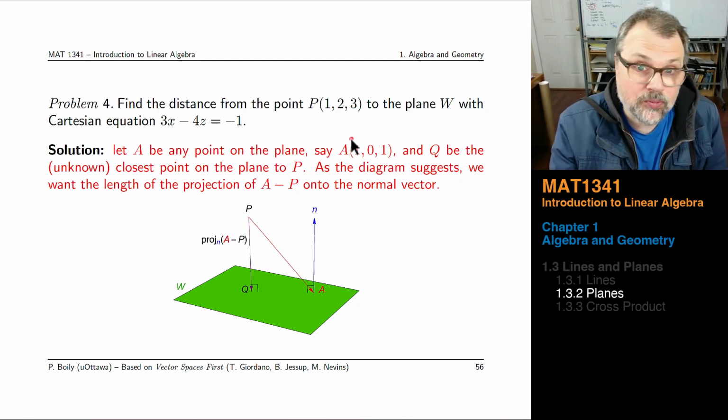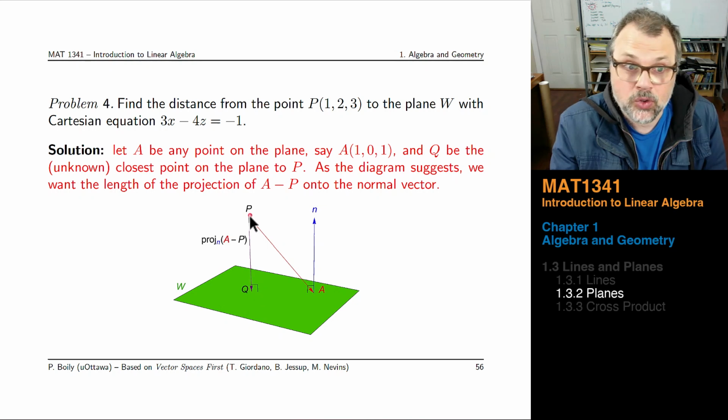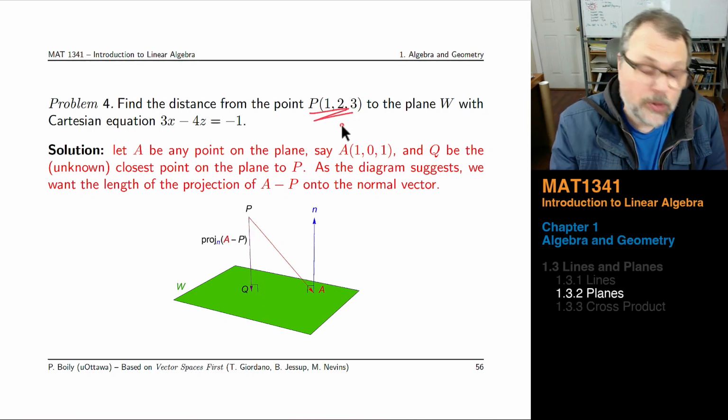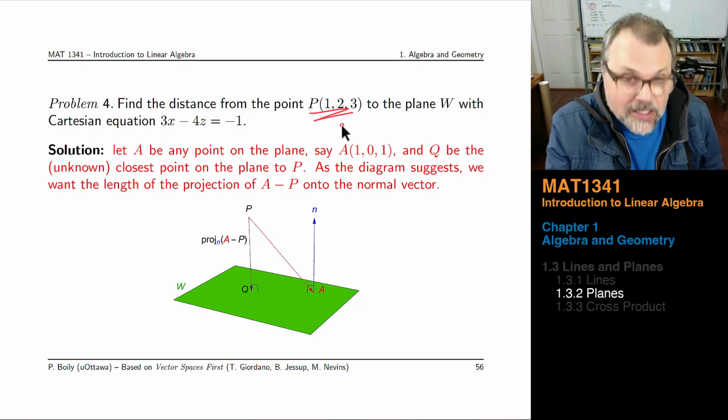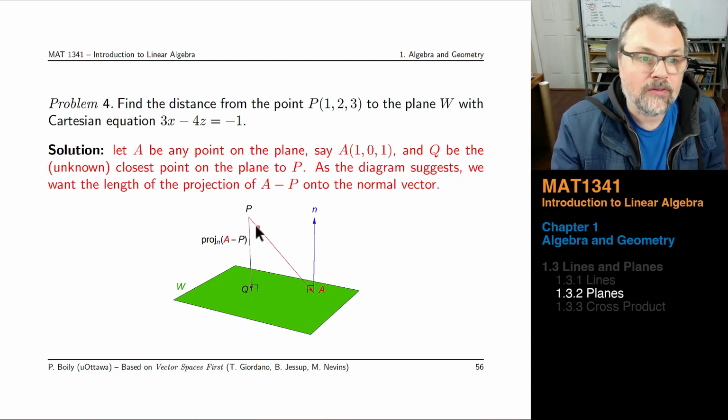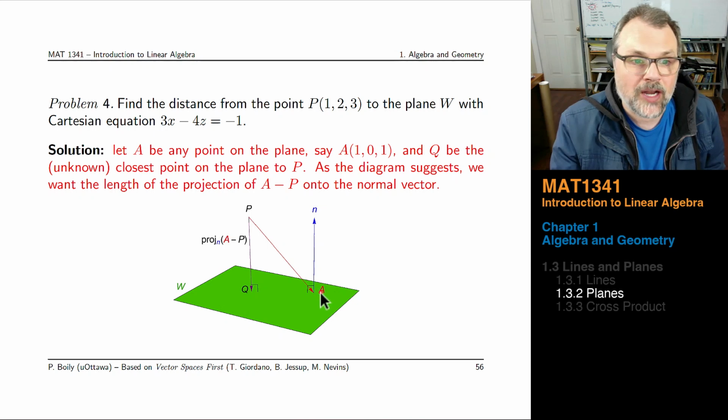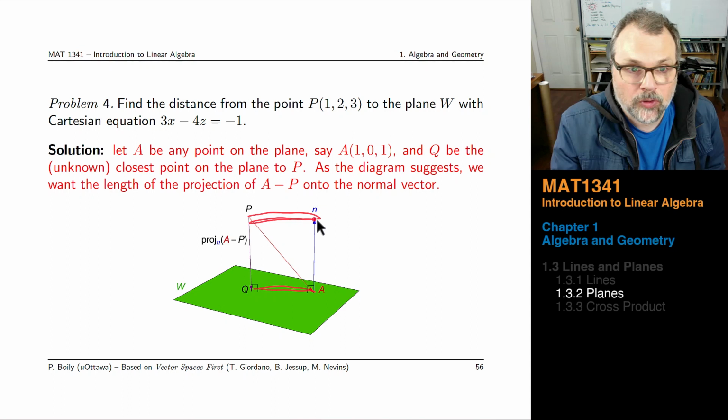And Q is the point that is of interest to you. You want to find the closest point on the plane to the point P that is given in the problem. So what you're really interested in for the distance is the length of the projection of the vector A minus P. Because A minus P would be here. This is the projection against the normal.